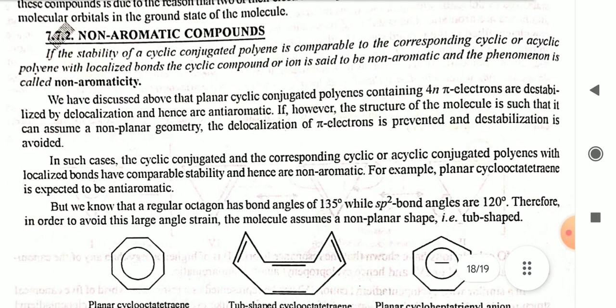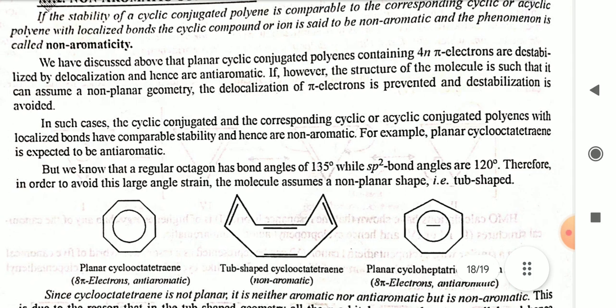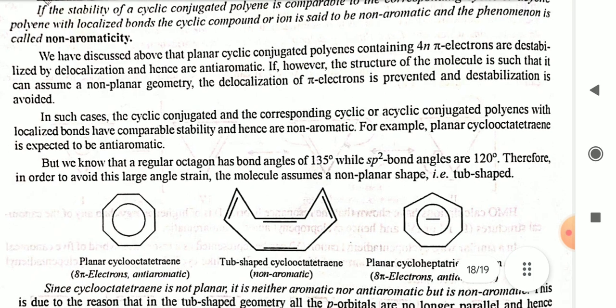Non-aromatic compounds. If the stability of a cyclic conjugated polyene is comparable to the corresponding cyclic or acyclic polyene with localized bonds, the cyclic compound or ion is said to be non-aromatic and the phenomenon is called non-aromaticity. We have discussed above that planar cyclic conjugated polyenes containing 4n pi electrons are destabilized by delocalization and hence are anti-aromatic.